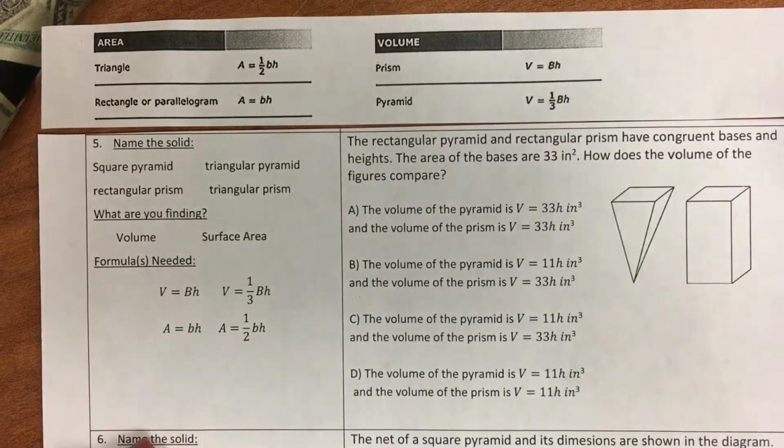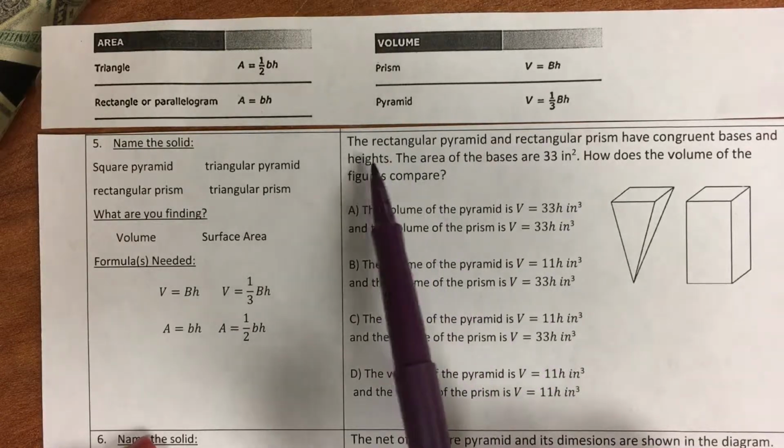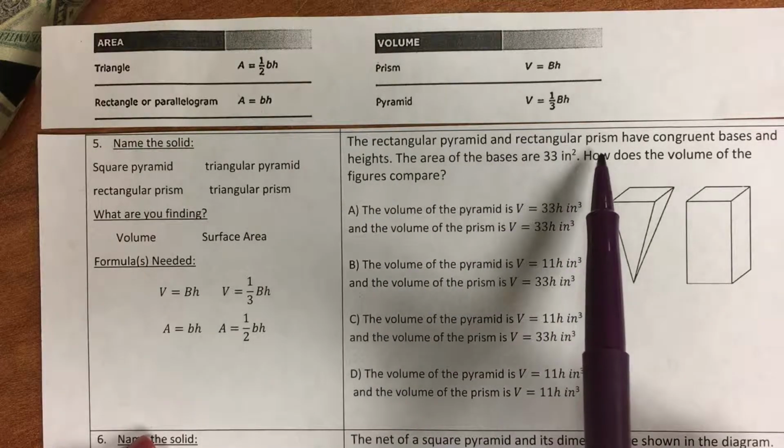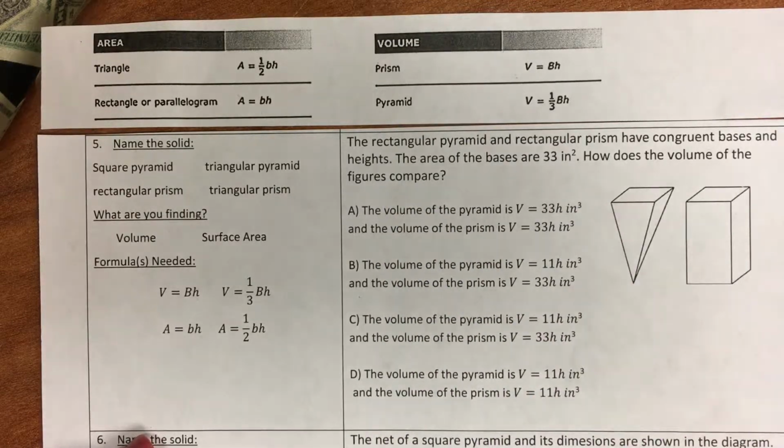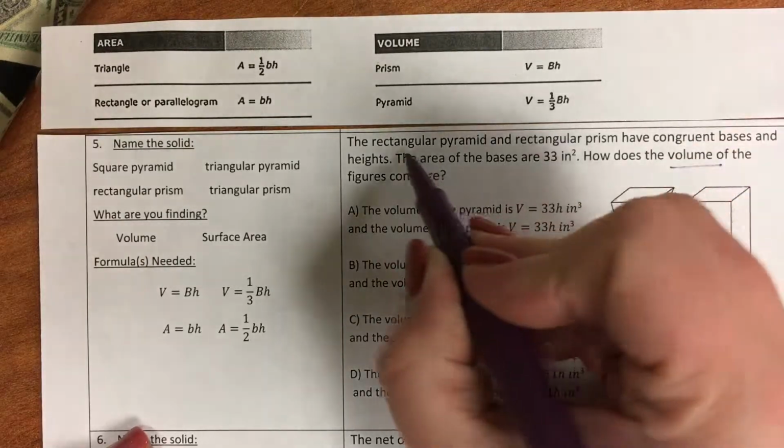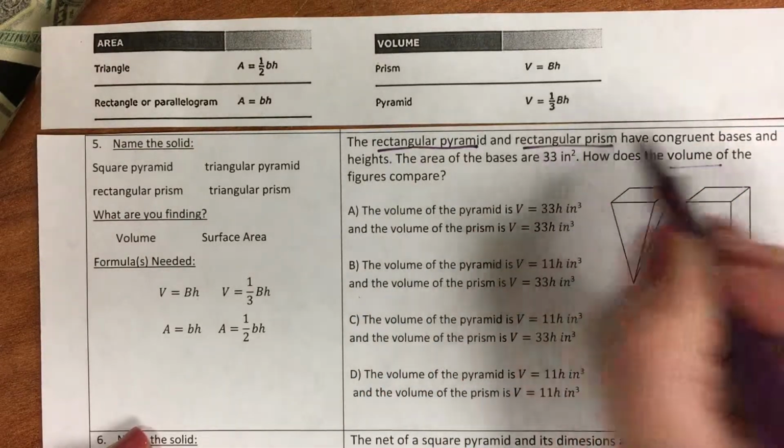All right, number 5. A rectangular pyramid and a rectangular prism have congruent bases and heights. The area of the bases are 33 inches squared. How does the volume of the figures compare?